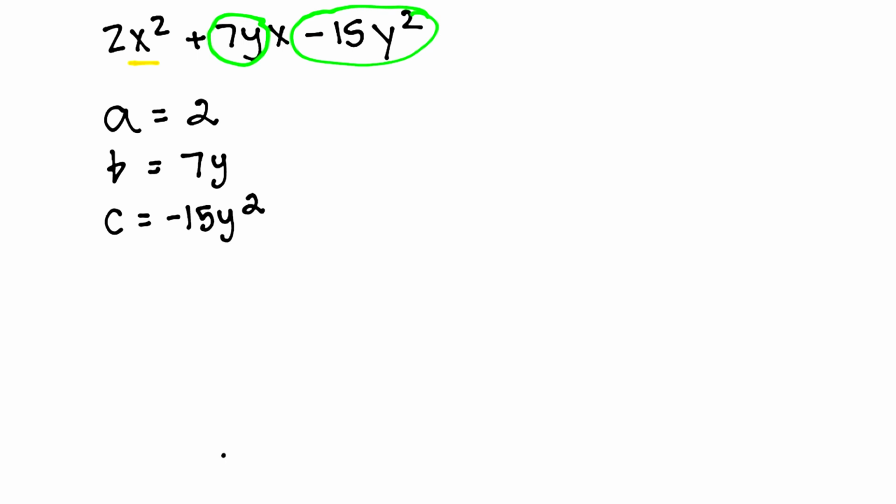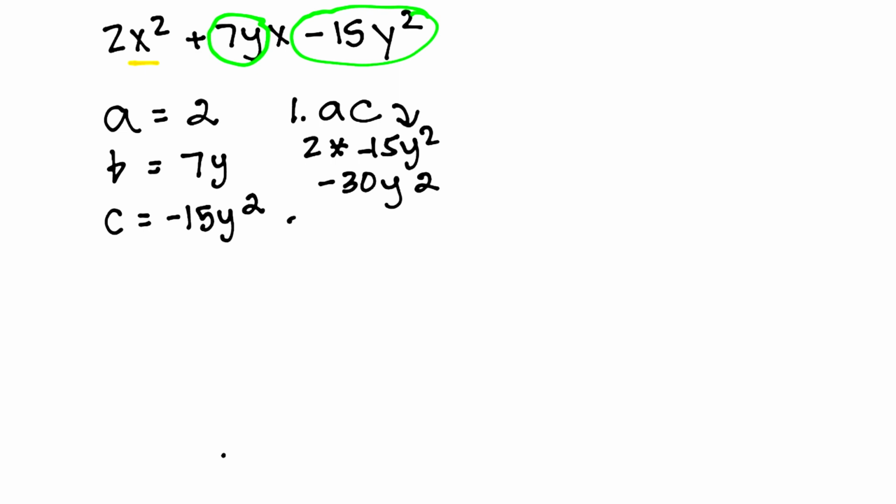And so now, let's write out our rules. AC is going to be 2 times negative 15y squared, which is equal to negative 30y squared. So that's going to be our AC. And then our B is going to be equal to 7y.